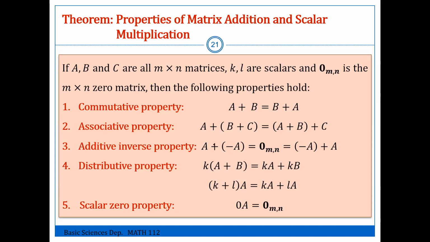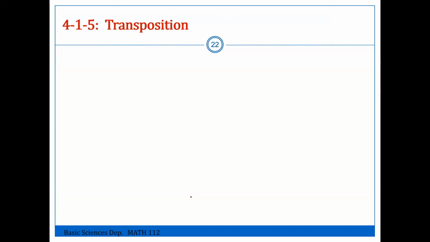Minus A is the opposite, so if you multiply all elements of A by minus 1 and add it to A, you get the zero matrix. This is a scalar, you can distribute, so these are elementary, nothing new. This is a new operation.